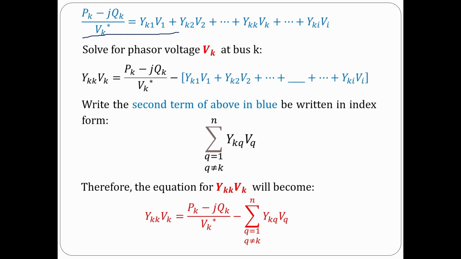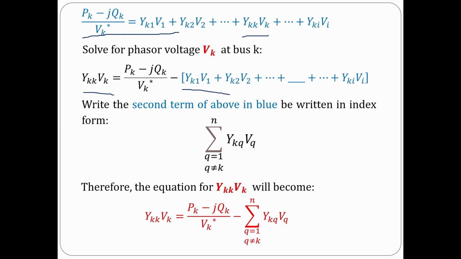Since our objective is to solve for Vk, in that equation we transpose the Ykk Vk term to the left side and transfer the Pk minus jQk term to the right side. So the equation is Ykk Vk equal to Pk minus jQk over Vk conjugate minus open parenthesis Yk1 V1 plus Yk2 V2 plus ... Yki Vi.